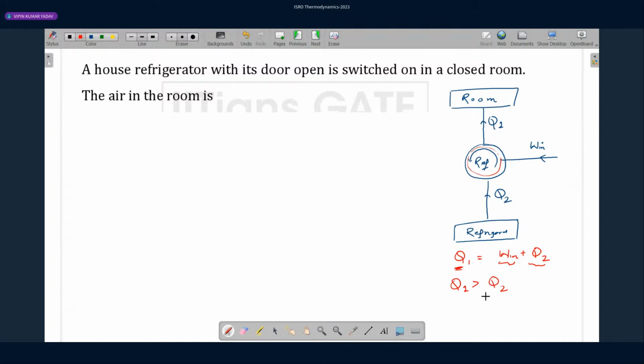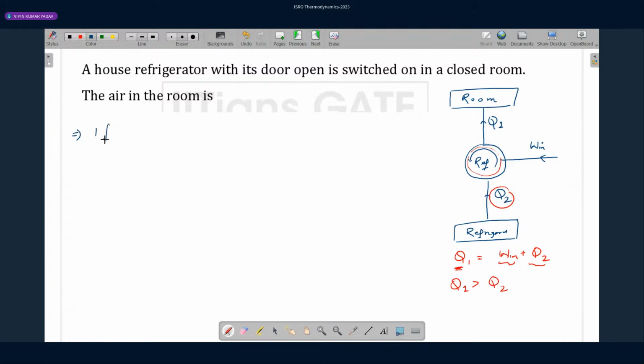Now this is the case when the door is closed. This refrigerator is taking this heat Q2 from inside the refrigerator, when the refrigerator door is closed.